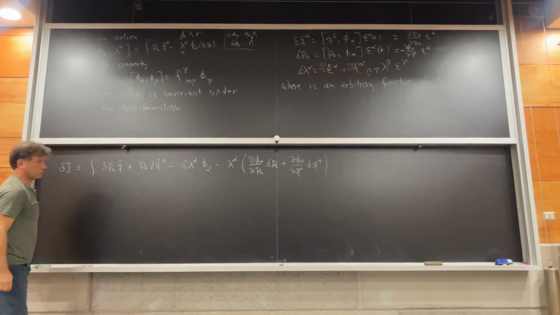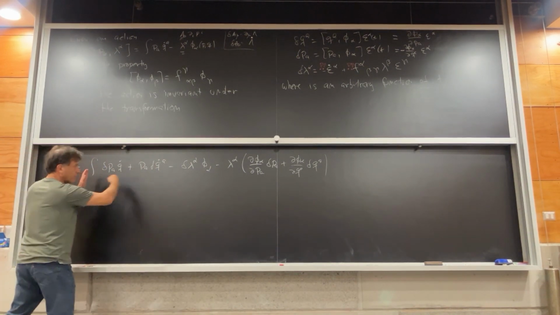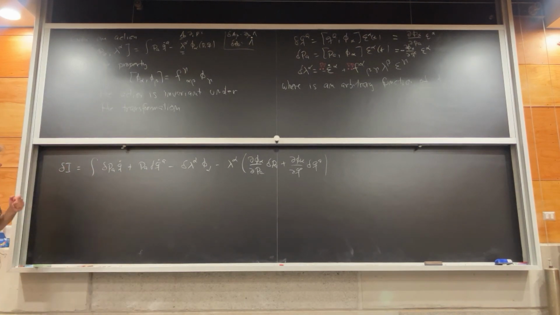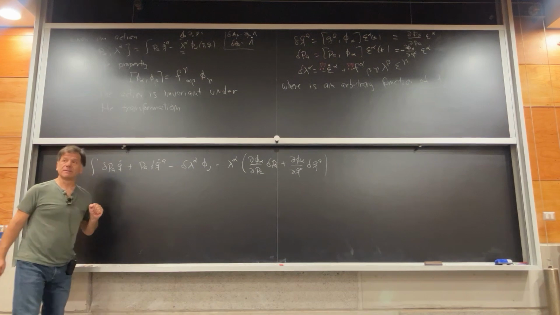So that is the variation of the action. Just varying everything that moves, in particular the Lagrange multipliers.